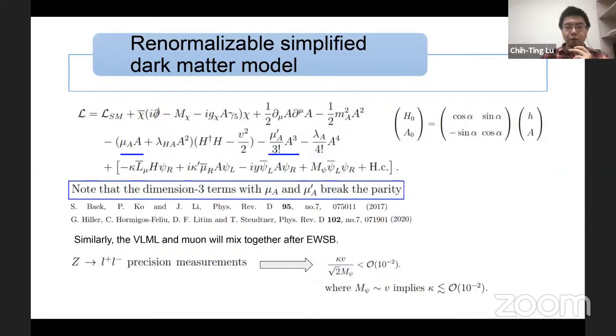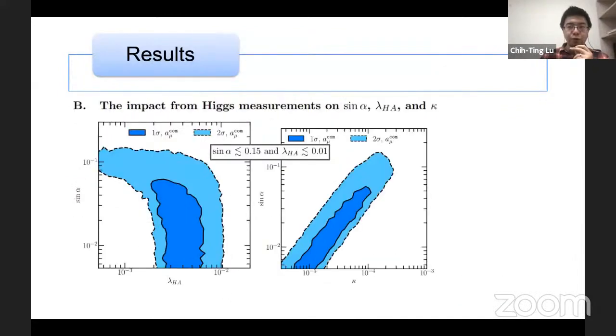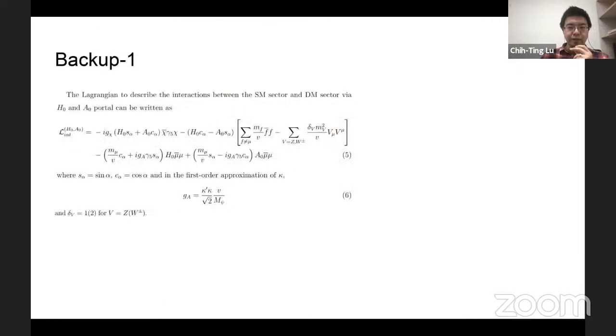So first of all, the standard model Higgs and A have mixing. But I thought A is a pseudoscalar. Yes, so there's a CP violation. CP violation in the scalar potential, but hopefully let me show you more detail in the Lagrangian.